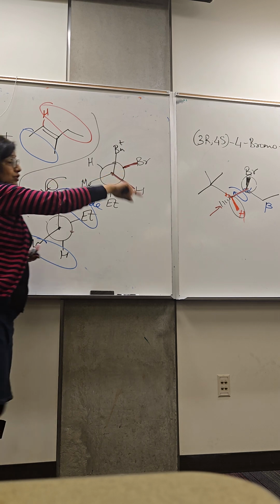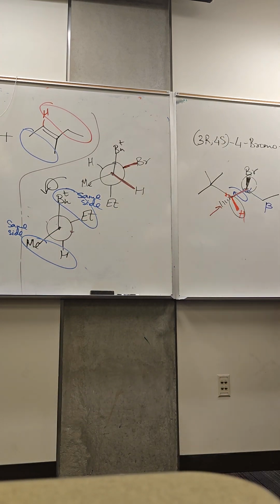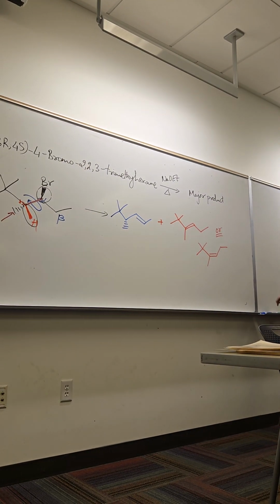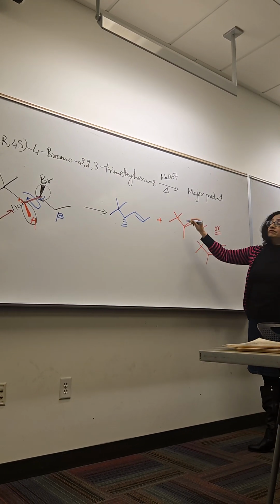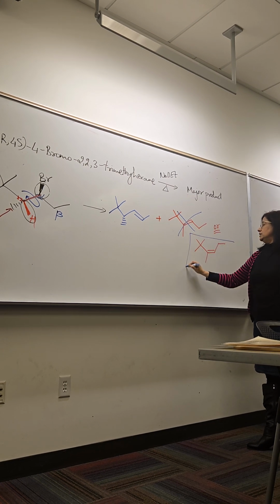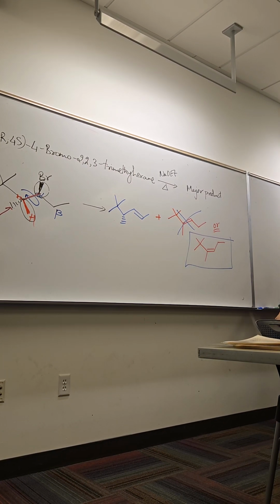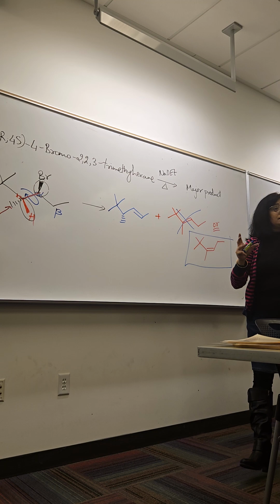So which of the two stereoisomers will be created and which one is not possible? And that one, not possible. This is your major product. Are you guys following the thought process here?